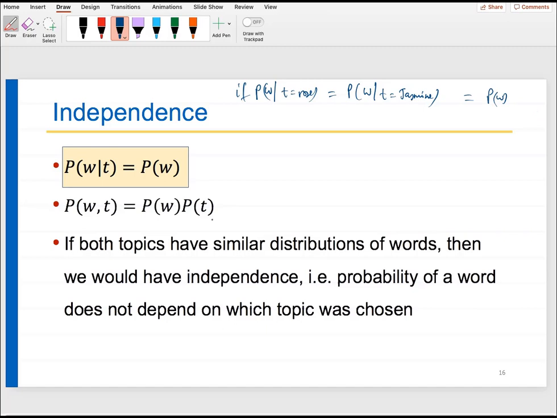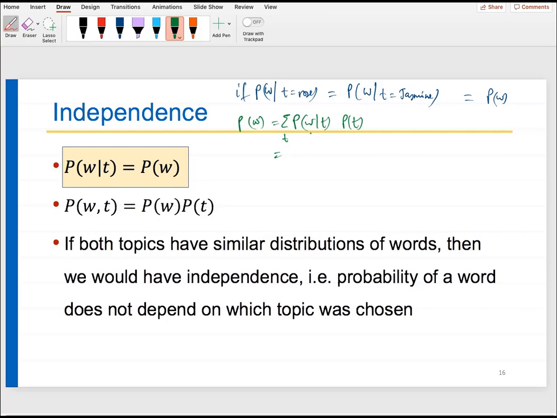So basically, it's a simple proof. It is like this. You know probability of W is equal to probability of W given T into probability of T, marginalized over all T, right?